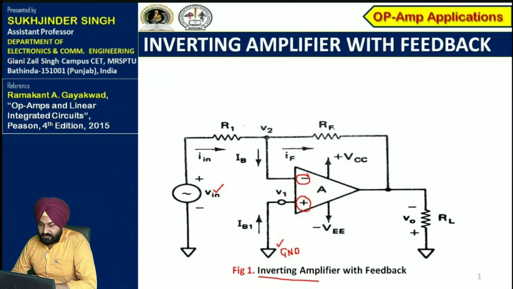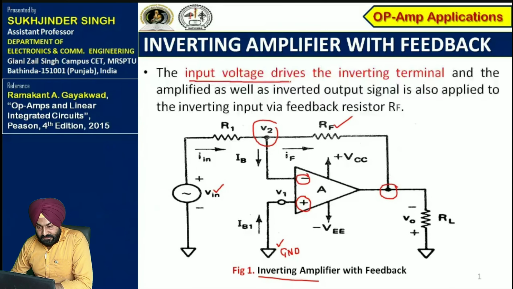Another point, there is a resistance, the feedback resistance, that is RF, which connects the output back to the inverting input of the op-amp.